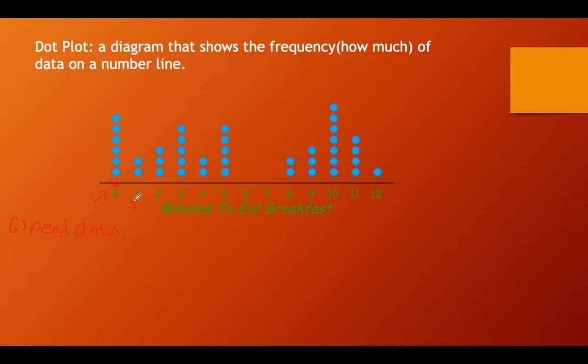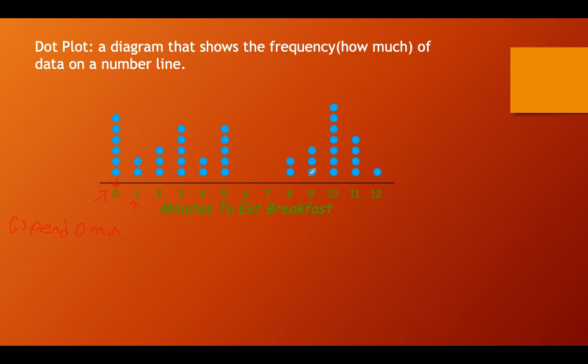If you look at the 1, there's 2 dots, which means there's 2 students who spend 1 minute a day eating breakfast. And 2, there's 3, so there's 3 students who spend 2 minutes. There's 5 students who spend 3 minutes, 2 who spend 4, 5 who spend 5. No one spends 6 minutes, and no one spends 7 minutes.